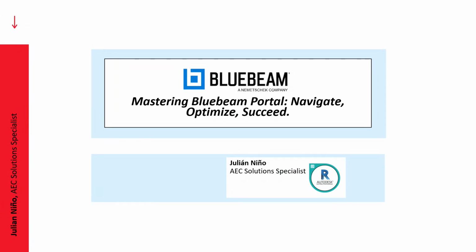If you have been following this Bluebeam webinar series, last time we discussed the transition from maintenance to subscription. Once you have done that step, the next thing that follows is managing and navigating your portal.